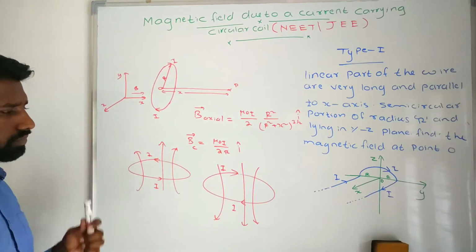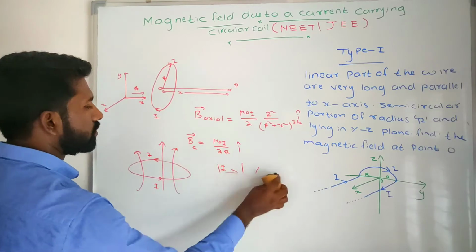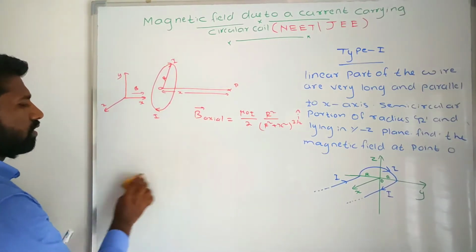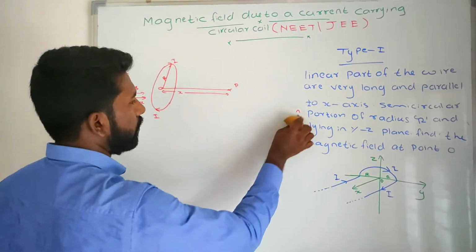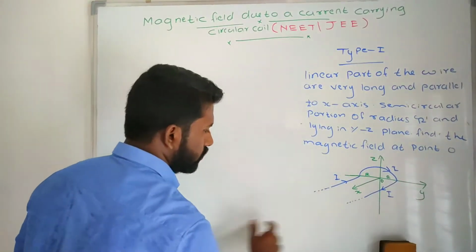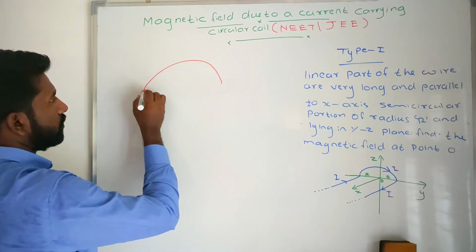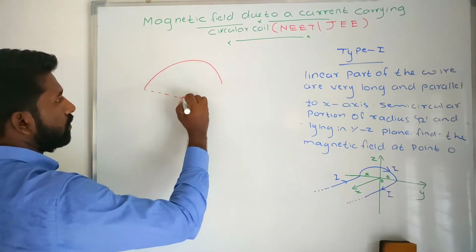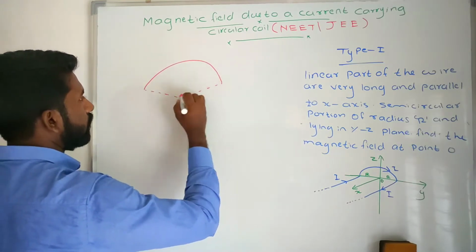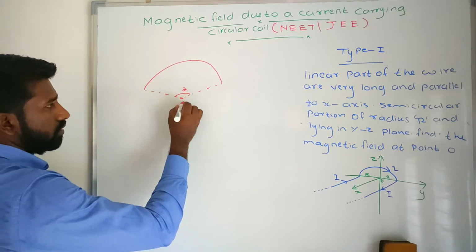Clear? Then if the loop is not circular in shape, it is just a curve, what about the magnetic field at the center? That we will see now. I am taking a curve. This curve is making an angle alpha at the center.